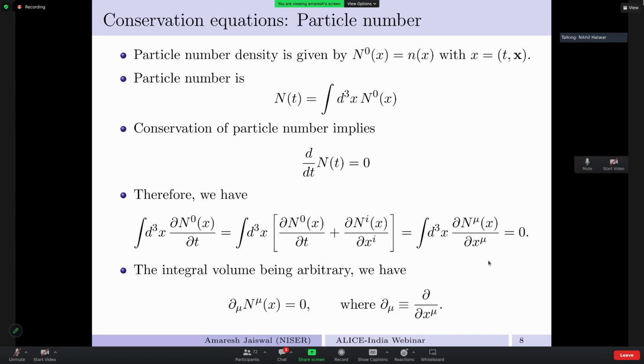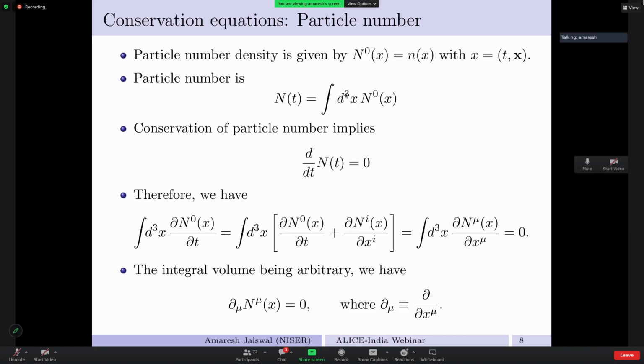Thank you. Amresh, can I just ask one point? I am also having confusion here. You have this total derivative d/dt of N(t) equal to 0, but d/dt can't be written directly as del t plus grad dot. What I am trying to say is this N is integrated over the density, so this is just the total number.